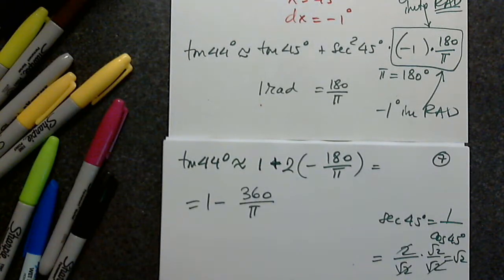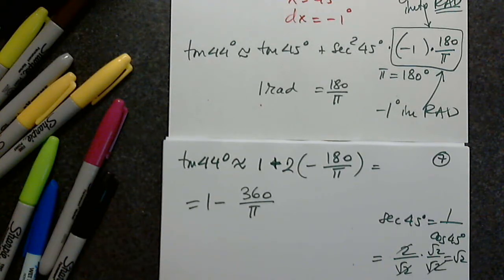So let's go to mode, because we chose 44 degrees, and change it to degrees for a moment. And go to tangent 44 degrees, see what it is, and then 1 minus 360 divided by pi. Nobody looks?